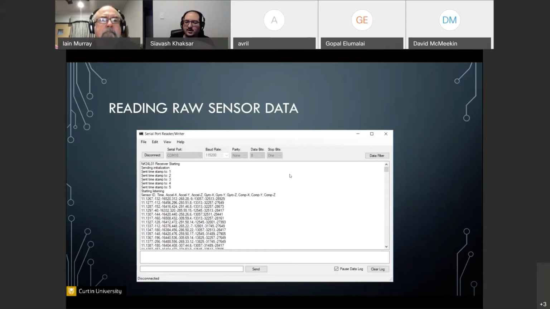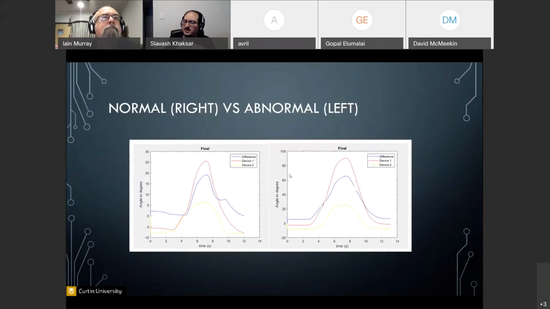Later on, I'll pass it to MATLAB, process the data, and get a signal similar to this. This shows the maximum range of movement in a very simple stop sign motion. Because cerebral palsy can affect the range of motion, you can see the difference between the peaks, one for the normal one and one for the abnormal cerebral palsy one, on the left and right. So we can see the comparison there.